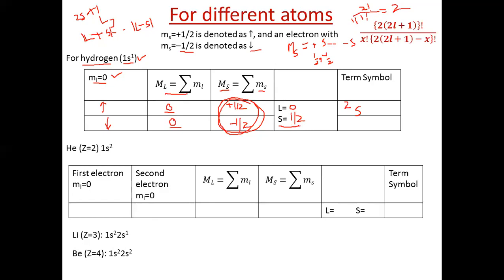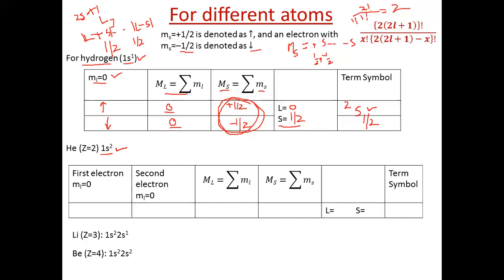It is half. What is L minus S? S is again half. So it has only one term symbol, 2S half. So this is the term symbol for hydrogen. It is 2S half.